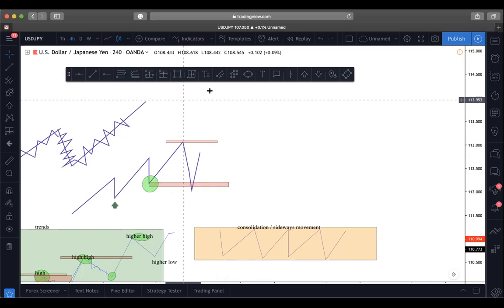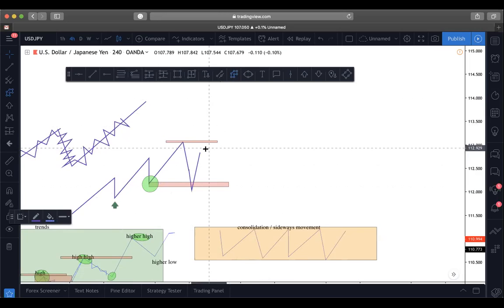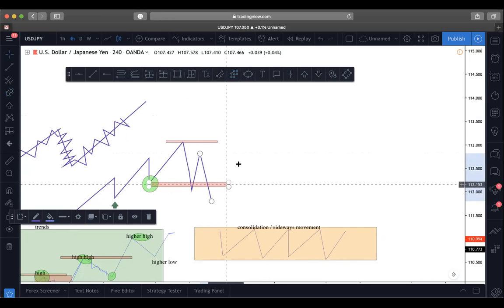But if you're a conservative trader and you want to make sure there's a downtrend, you wait for the market to make the lower high, right?